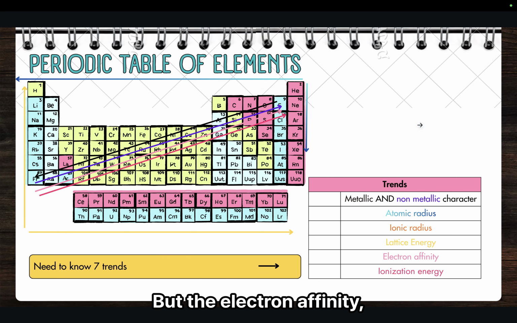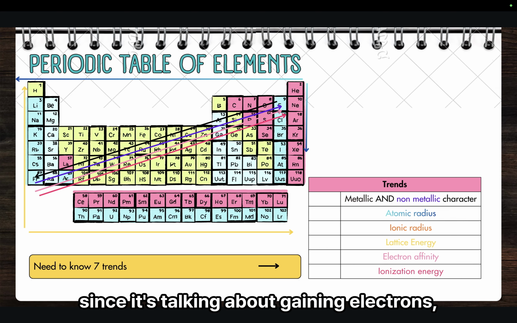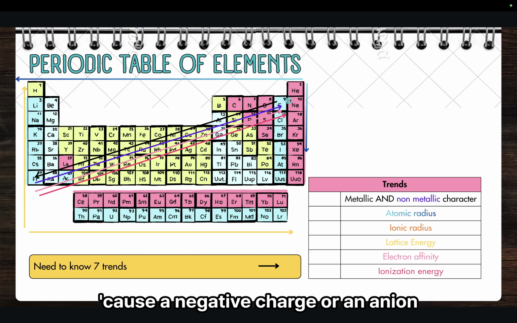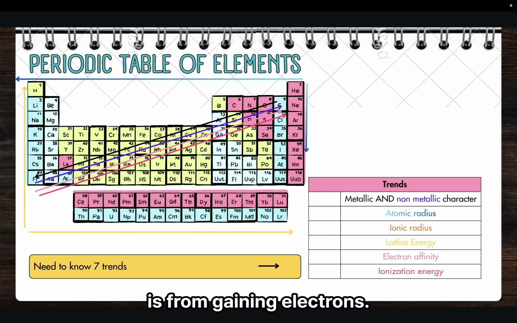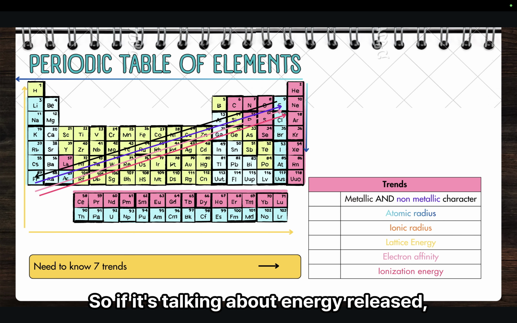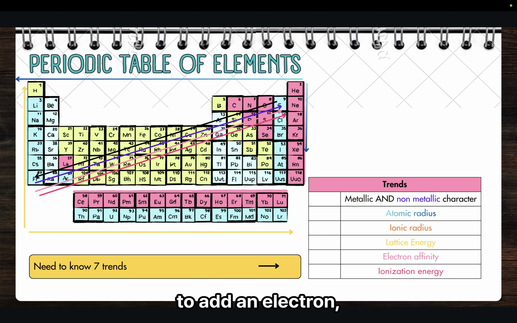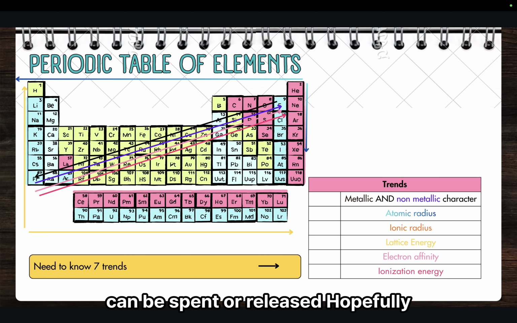But the electron affinity, since it's talking about gaining electrons, has to do with anions, because a negative charge, or an anion, is from gaining electrons. If it's talking about energy released, if it's super easy to add an electron, or it doesn't require as much energy to add an electron, that means that more energy can be released.